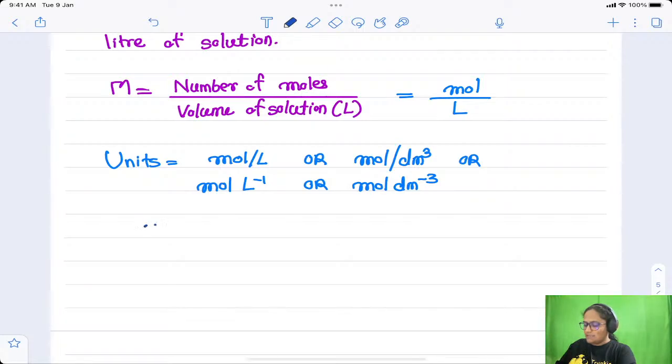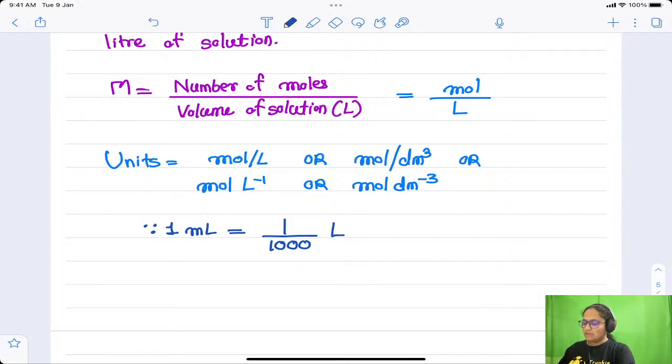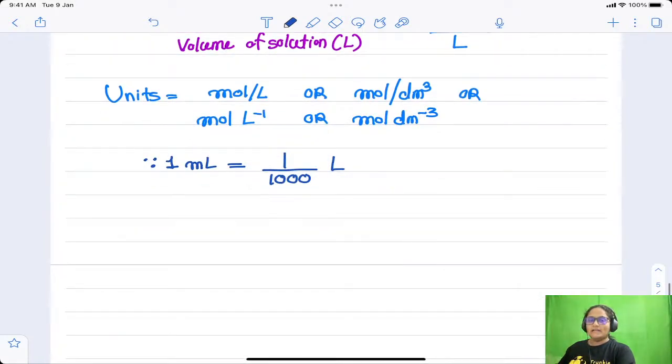As we know, 1 milliliter is equal to 1 divided by 1000 liters. So that conversion factor we have to add in the formula. Therefore what will be the new formula?